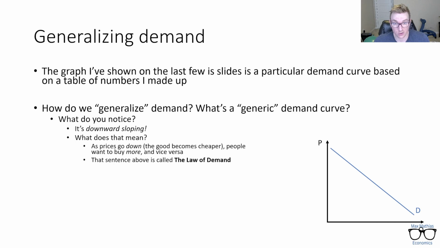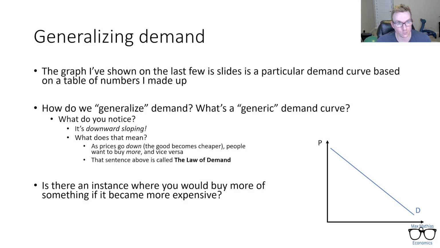So all the law of demand says is that when something gets cheaper, you want to buy more of it. I'm hoping that's relatively intuitive for some of you. If something you buy over and over again becomes cheaper, maybe you buy more of it. Maybe you don't, that's okay. But generally speaking, we think that as goods become cheaper, people tend to buy more of them.